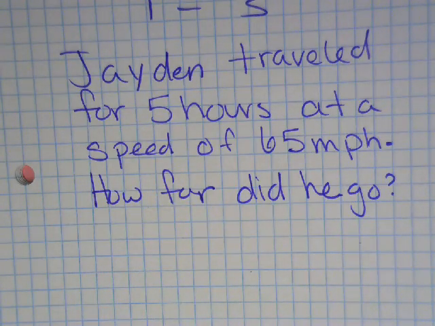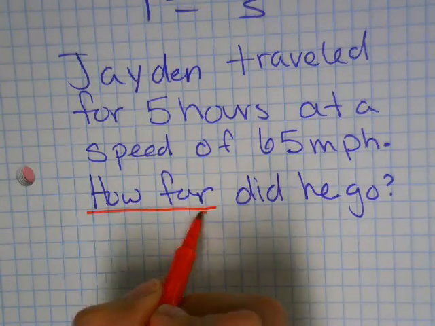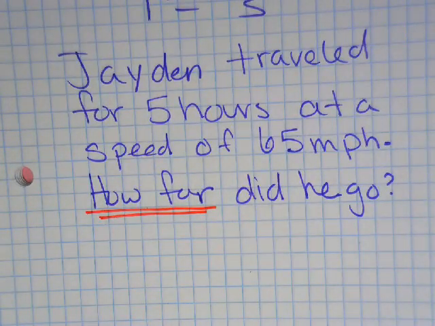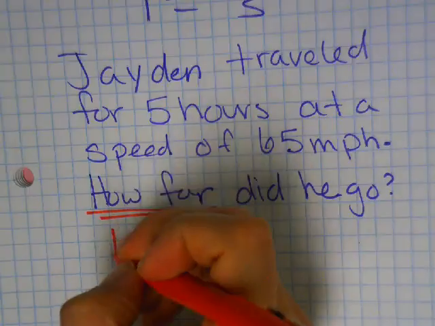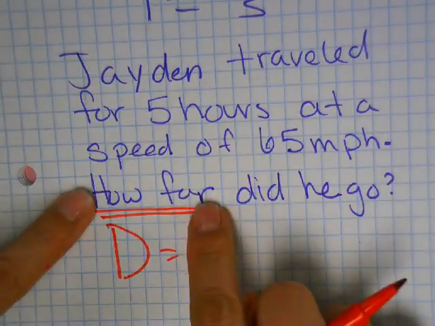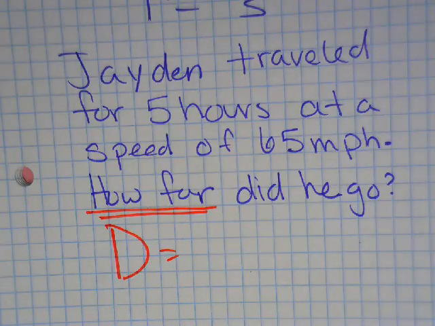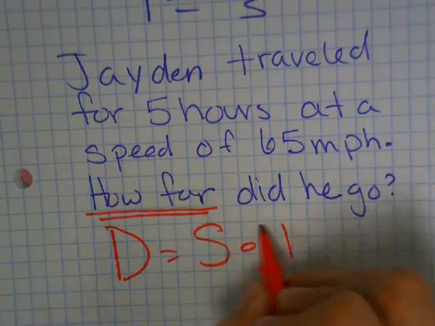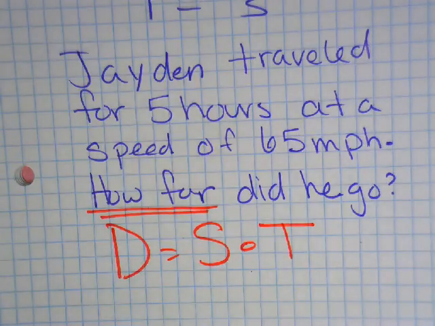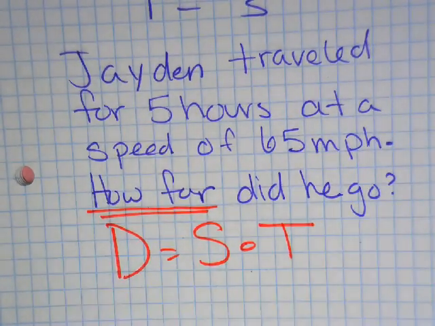Okay, what am I solving for? How much distance? How far? Which is distance. So what letter am I going to cover up? D. What am I left with? S and T. Very good. Okay, what is my speed?